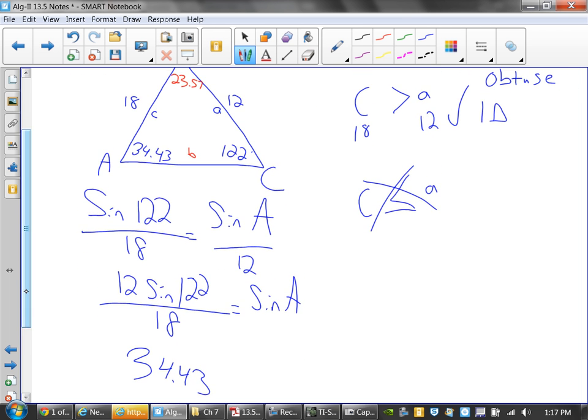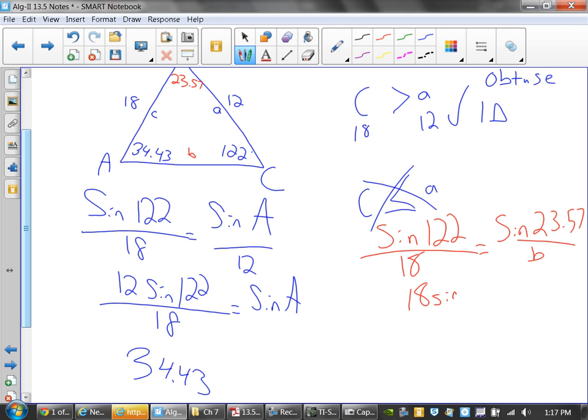So, sine 122 is to 18 as the sine, what was it, 23.57, is to B. B equals 18 sine 23.57 over sine 122.